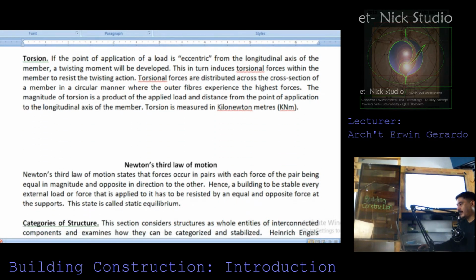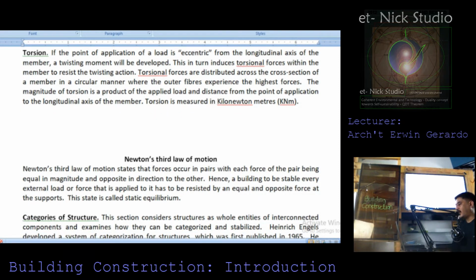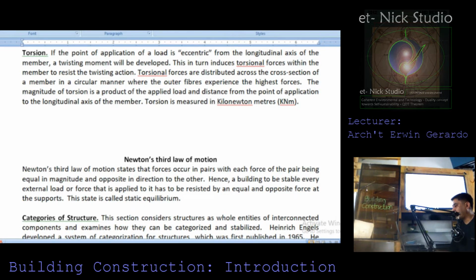So torsion. If the point of application of the load is eccentric from the longitudinal axis of the member, a twisting moment will be developed. This in turn induces torsional force within the member to resist the twisting action. Torsional forces are distributed across the cross-section of a member in a circular manner, where the outer fibers experience the largest forces.